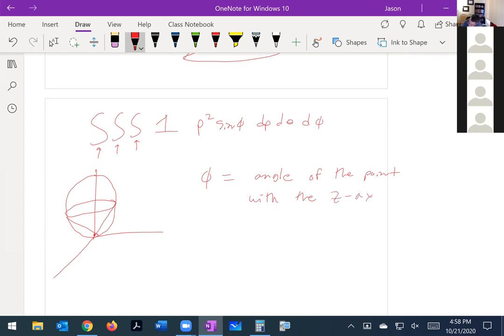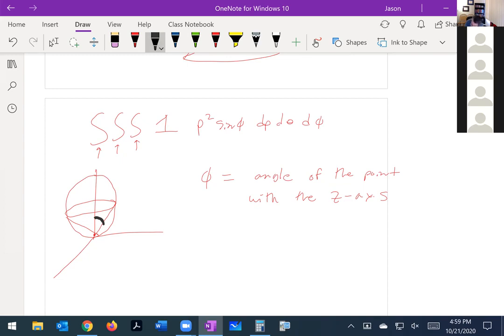So what's the angle that's being made here with the z-axis? I'm going to do a different color. And that's a really cool problem. Personally, I think it's a cool problem. So what's the angle that's being made here? We're going from here to here. That's it. That's the angle.